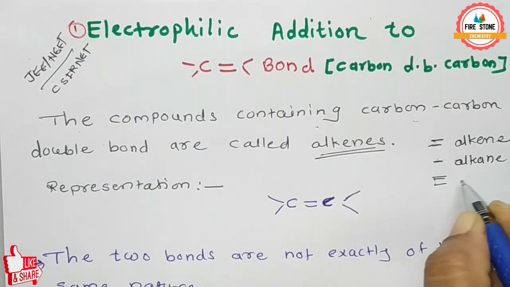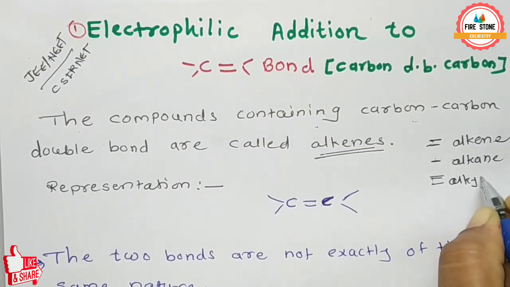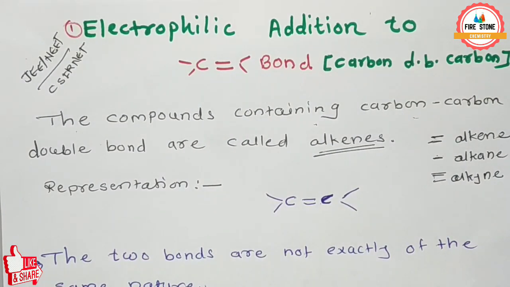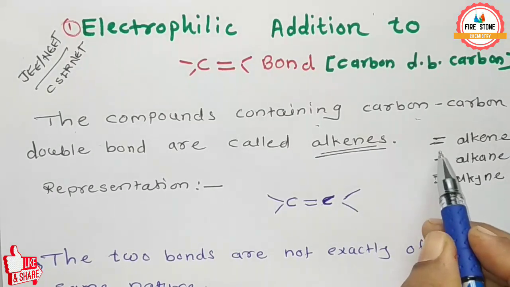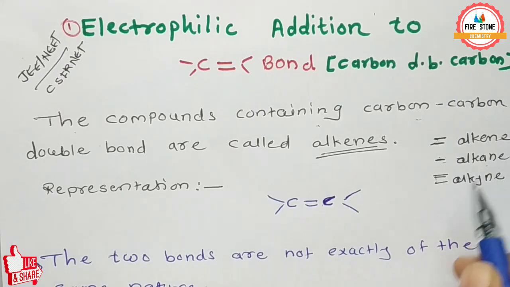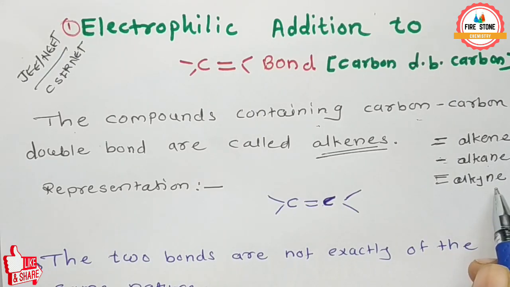Carbon triple bond carbon is an alkyne. So when a double bond is present, it is called an alkene, when a single bond, an alkane, and when a triple bond, an alkyne.